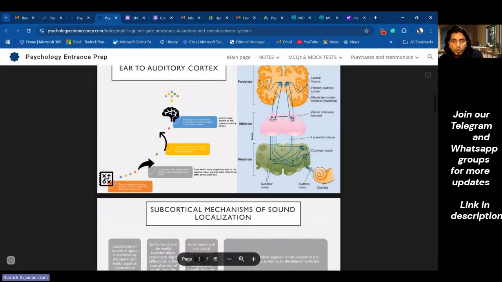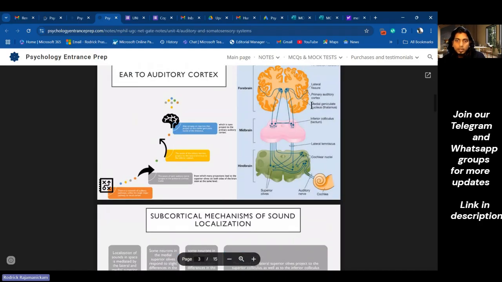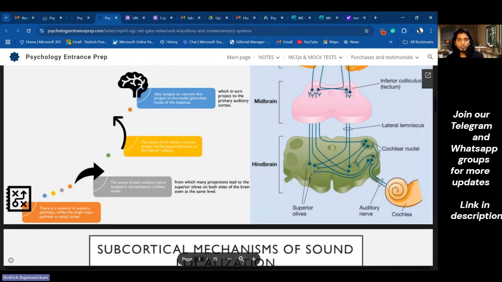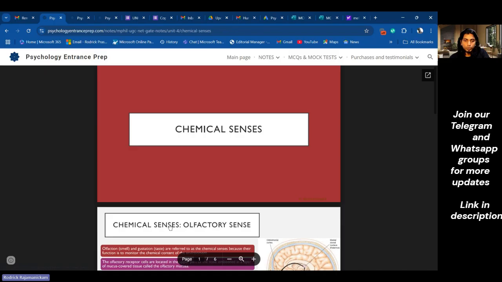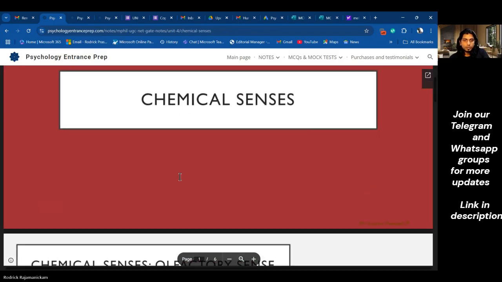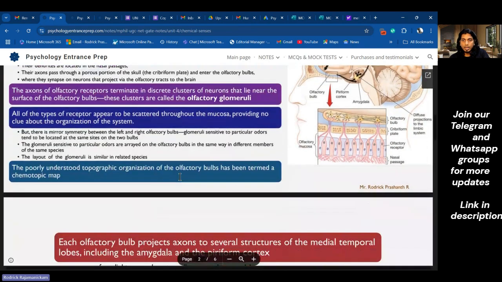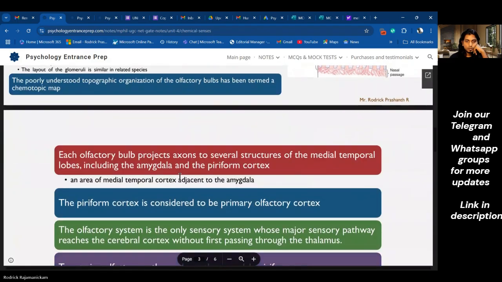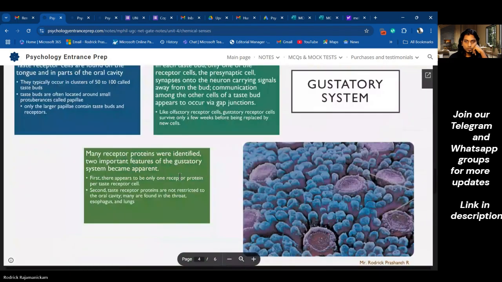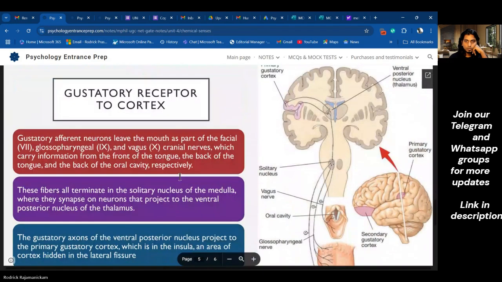so I've gone to cortex already. So we have the medial geniculate nucleus for auditory. So medial geniculate, MGN, you could say, is for auditory stimulus. And then when you talk about chemical senses, which includes both smell as well as taste, we have the VPN and MDN.